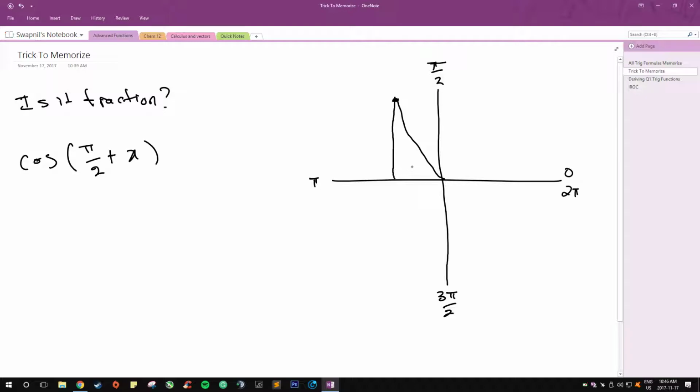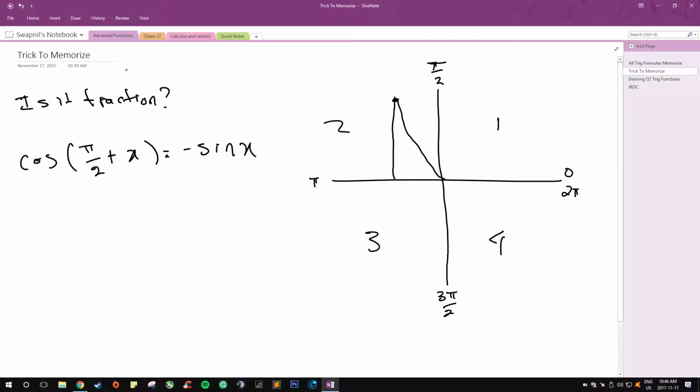So you see that cosine of anything in quadrant 2 would be negative. You could derive it with the triangles, but that'll take too long. But you should know that cosine of pi over 2 plus x is simply negative sine x.